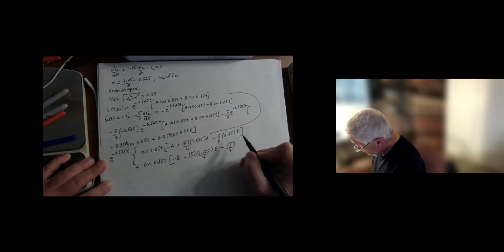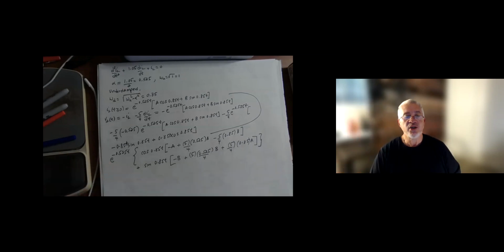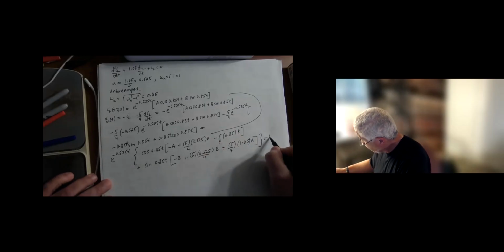And then I get this part here: plus 5 over 4 times 0.85 a. Okay, so it's a mess, I grant you that, but that's what I'm going to be doing here. So this is essentially equal to V2 right there.